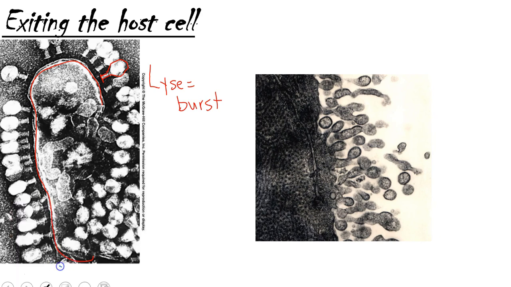All right, a cell can also do something called budding. So right now I am outlining the membrane of the host cell. And if you'll notice, the membrane is actually surrounding these new viruses that are coming out of it, right? So this process is called budding.